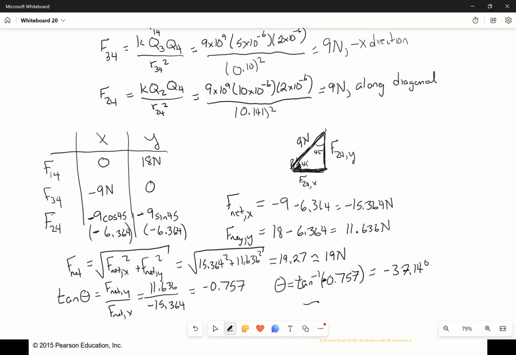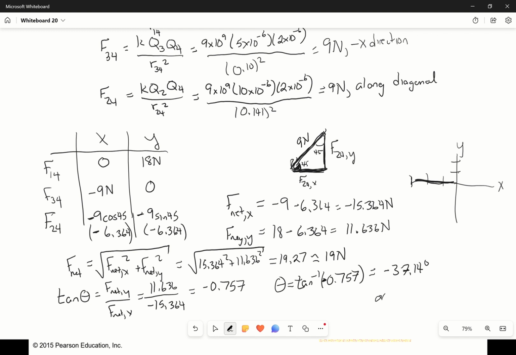So what does that even mean, that negative angle? Well, to figure out what it means, I have to draw a picture of my actual vector. So let me go over onto the side here. My actual net force vector goes backwards 15 in the x direction. So I don't know, let me assume those are 5s. And it goes up 10 in the y direction.